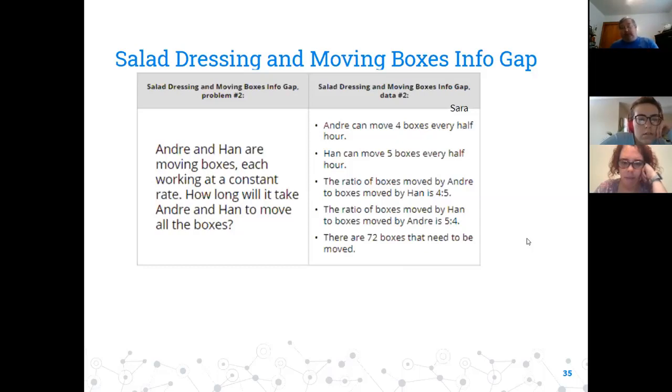And then you've got 2 ways to do it. You could take 72 divided by 18, which is 4. Which is the total number of boxes divided by the boxes per hour. Or I know that 18 twice is 36, so that's 2 hours. 36 twice is 72, so that's 4 hours.